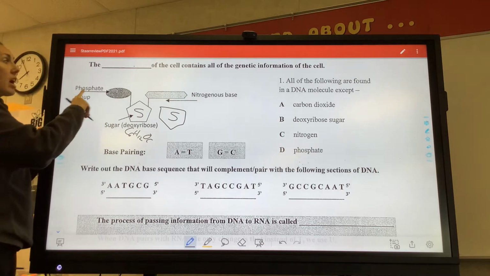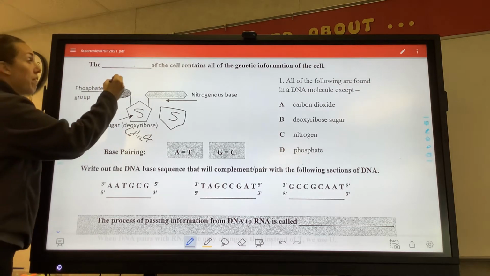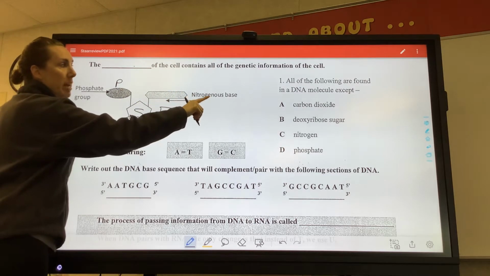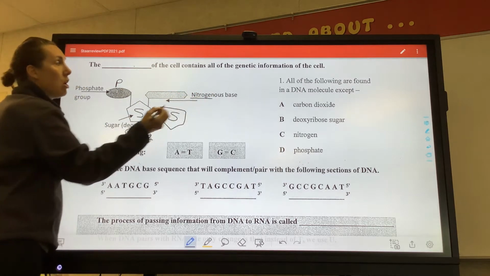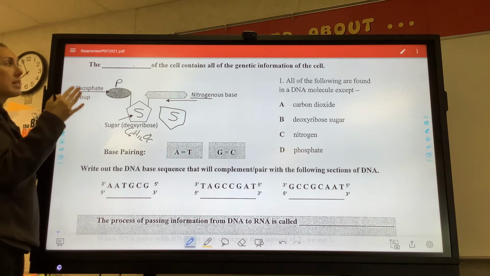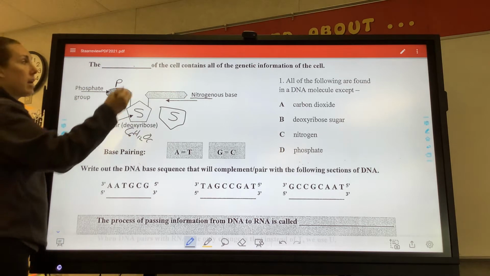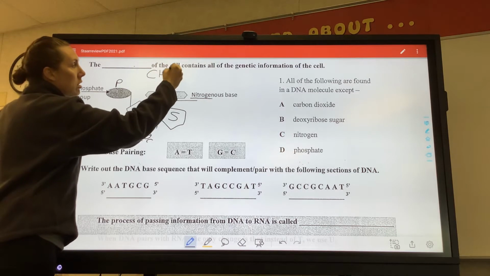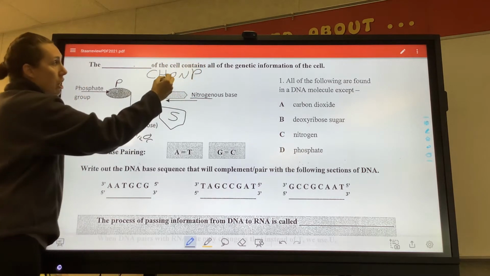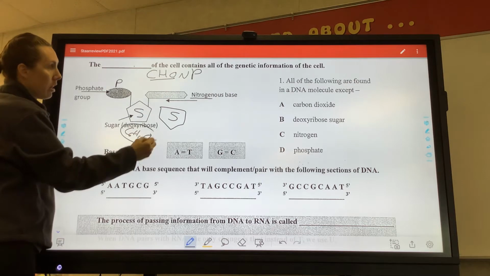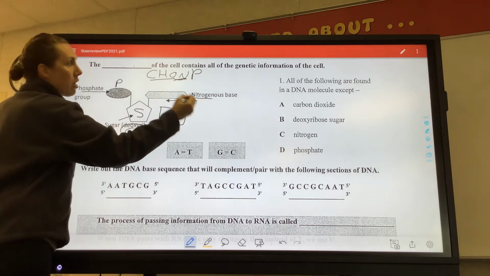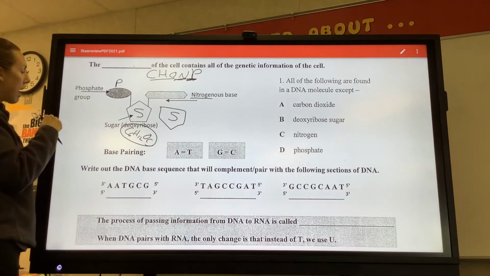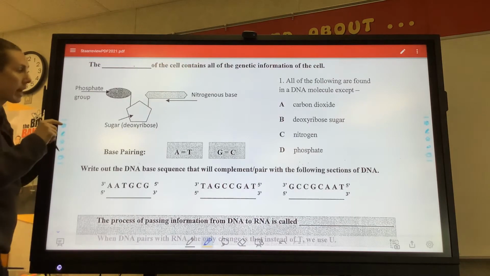We have a phosphate, which contains phosphorus. And we have nitrogenous bases that contain nitrogen. So when we talk about the elements in a nucleic acid, such as DNA, CHONP, the CHO is in the sugar, the nitrogen is in the nitrogenous base, and the phosphorus is in the phosphate. So that's how we have all of the elements of a nucleic acid.